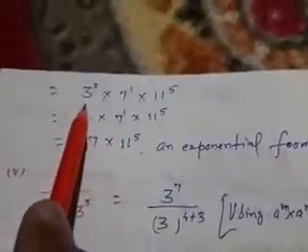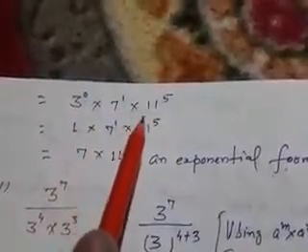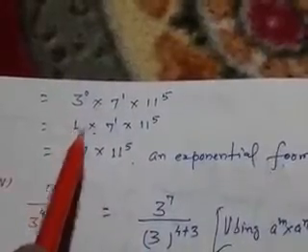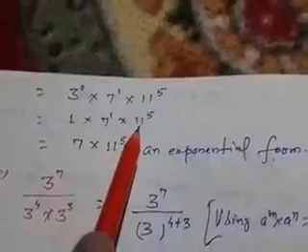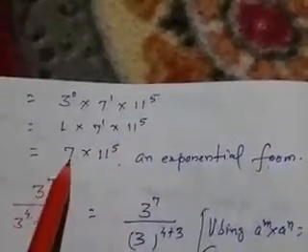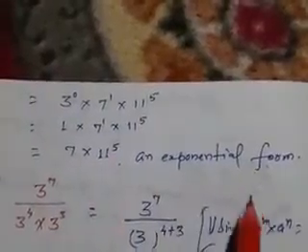Now it becomes 3 to the power 0 multiply 7 to the power 1 multiply 11 to the power 5. Here 3 to the power 0 is equal to 1, multiply 7 multiply 11 to the power 5, or we write 7 into 11 to the power 5. It is an exponential form.